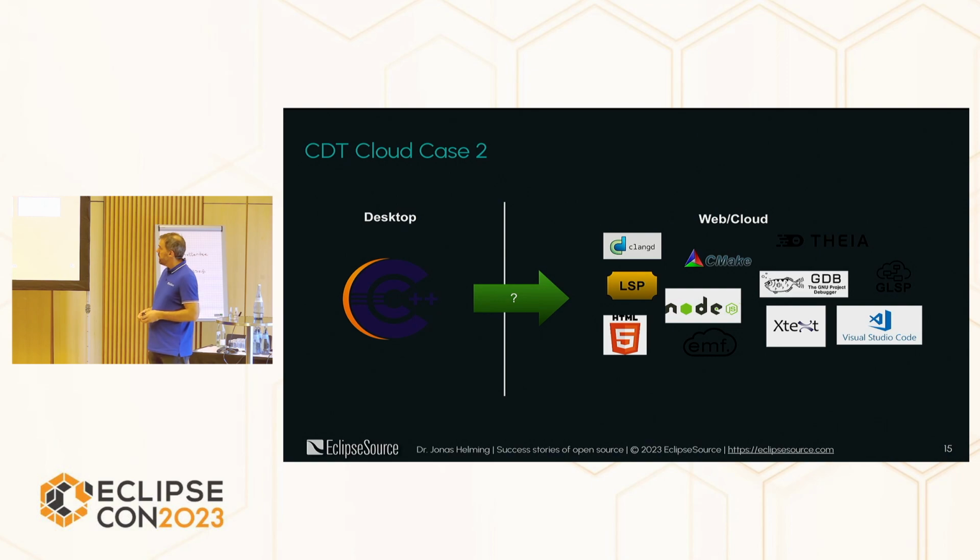The problem that was actually tackled here is that many vendors are currently developing a strategy on how to migrate their tool offering to web technology, right? That's what's going on. And especially in the embedded area, a lot of people are confronted with the question: traditionally they have been based on Eclipse CDT, and now when migrating to the web, what are the technologies that we should use, because there's much more fragmentation in the web, right?